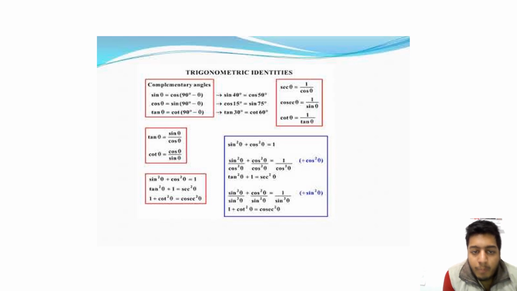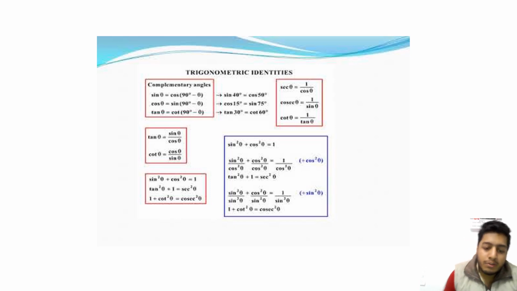The side that will be opposite to theta will be the perpendicular, and the other side, which is shorter than the hypotenuse, will be the base. So the value of sine theta will come as perpendicular upon hypotenuse. Similarly, the value of cos theta will come as base upon hypotenuse, and the value of tan theta will come as perpendicular upon base. Okay, so now moving forward, we will learn some other trigonometric identities and functions.